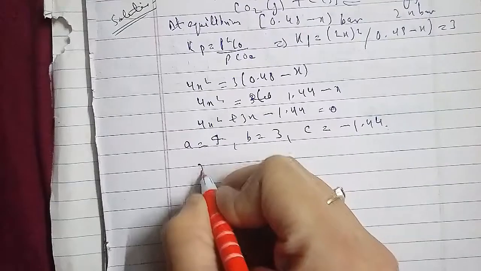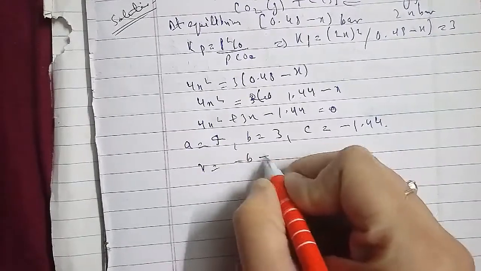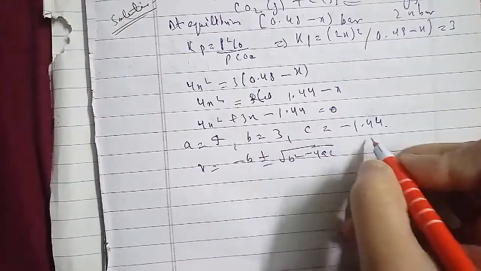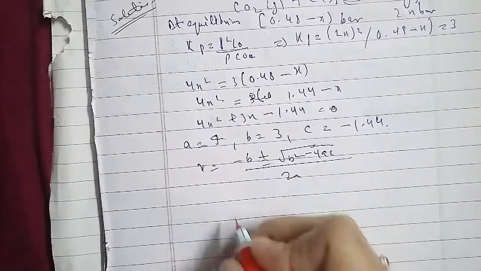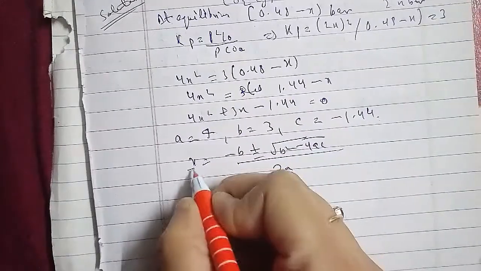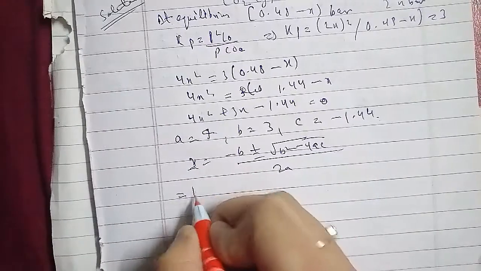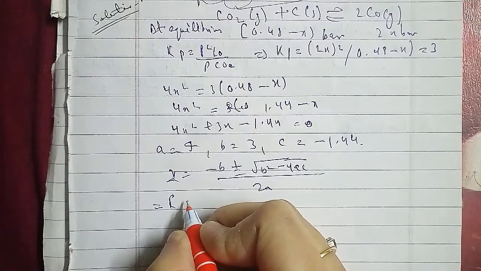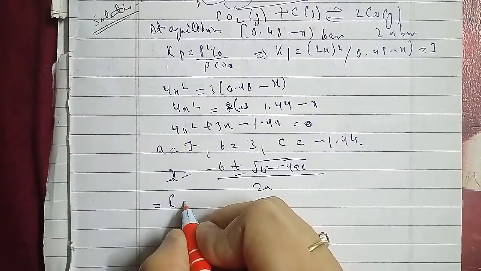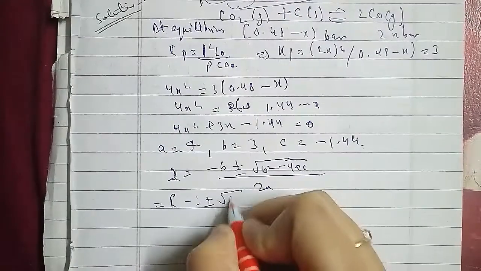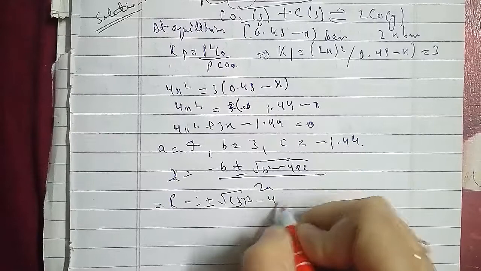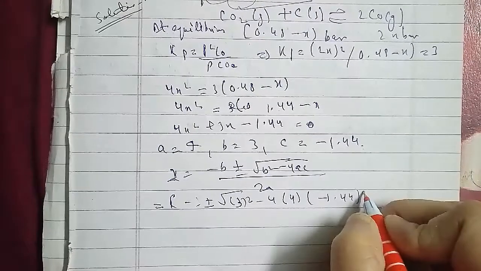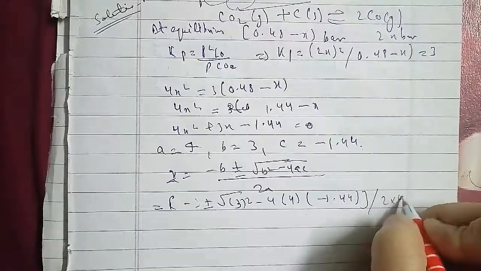So here we'll go ahead with the value. We put the values: plus or minus the root of 3 squared minus 4 times a, which is 4, and c, which is minus 1.44, divided by 2 times a, that is 8.